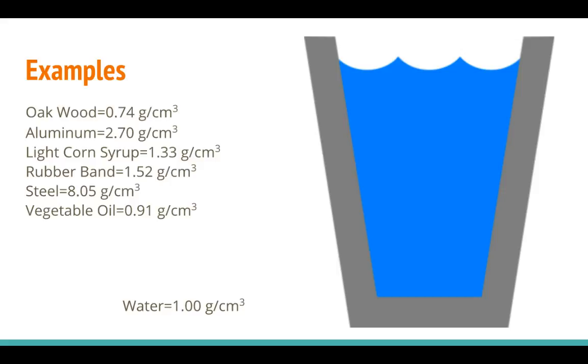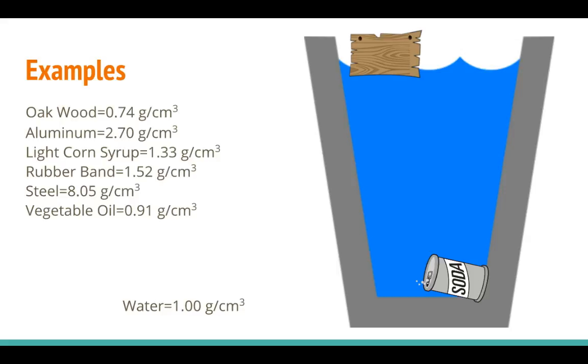Any object we put in there that has a density more than that is going to sink. So if we put a piece of wood in there with a density of 0.74, is it going to float or sink? Looks like it'll float. Aluminum with a density of 2.70 grams per centimeter cubed, is it going to float or sink? Well, it's bigger than 1, so I'm going to guess it's going to sink.